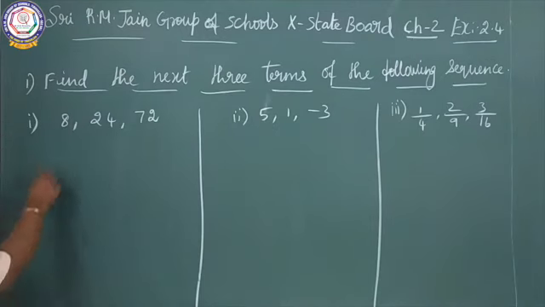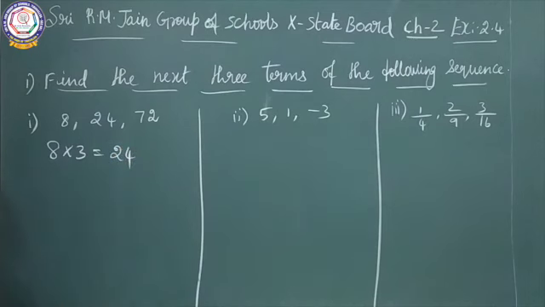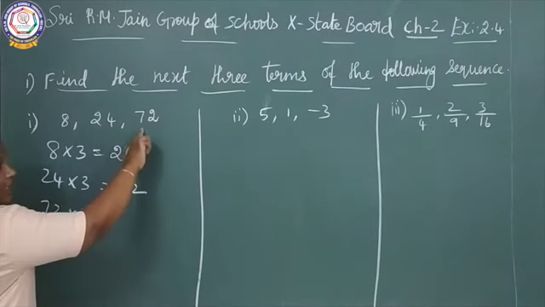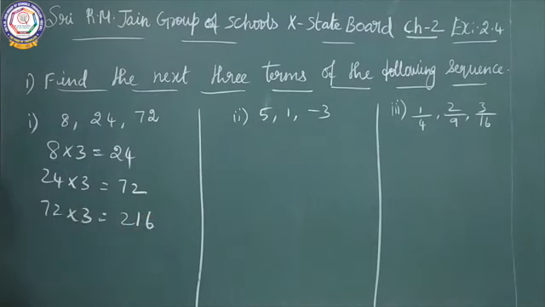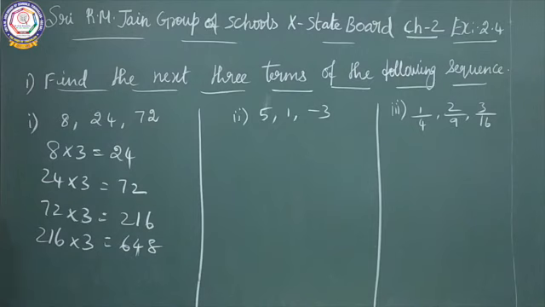See here, you will write 8 threes are 24, 24 threes are 72, 72 threes are what? 216. 216 threes are 648, 648 threes are 1944.